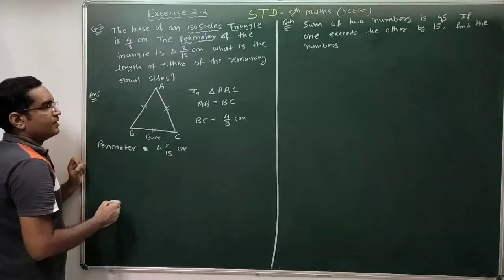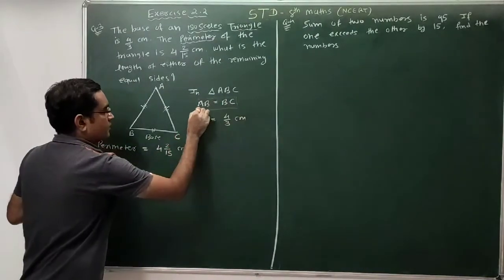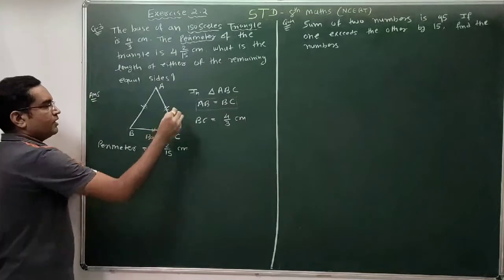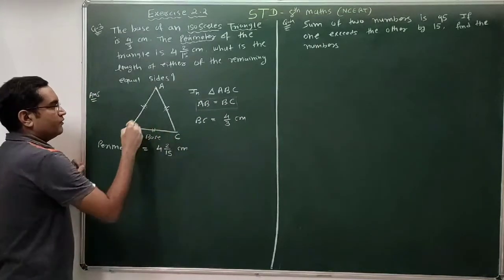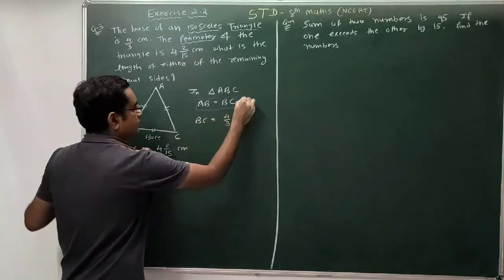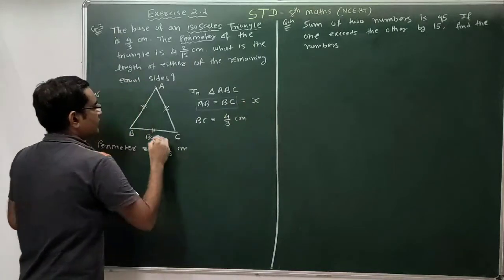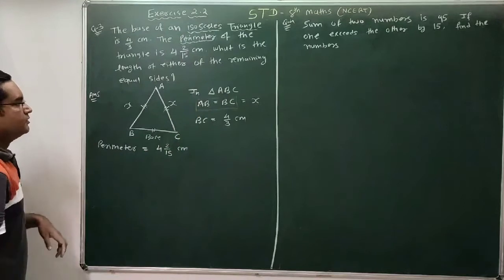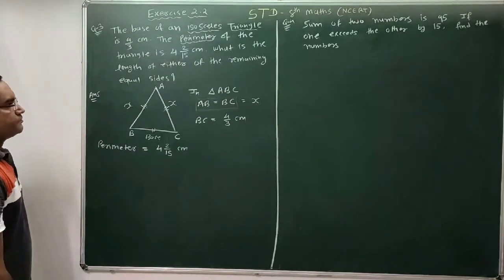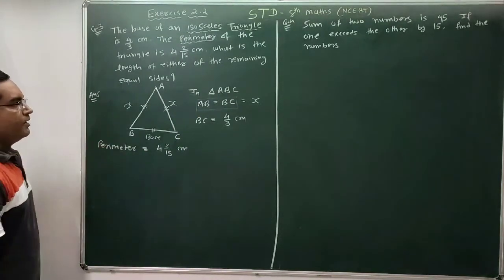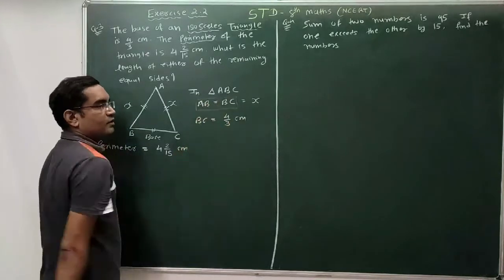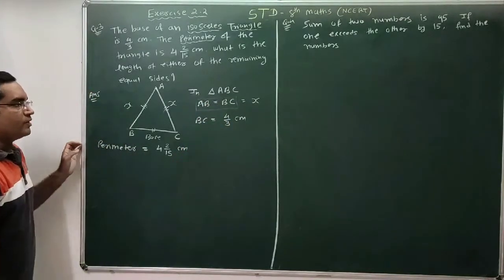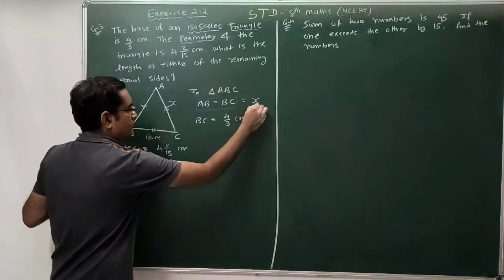How many equal sides are there? Two equal sides. The lengths of both sides are equal. You have to find the length of either side. That means only one side. Suppose it is equal to x. So you get the length of both equal sides. So that you have to find. So only one variable is required, and that required variable is nothing but the length of the two equal sides of the isosceles triangle that we have assumed.